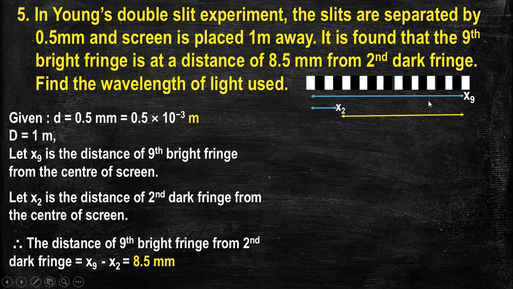If you take the difference of X9 and X2, which gives this distance which is given in the problem. Then according to the condition for maximum intensity, the distance of any nth bright region is equal to n lambda D upon small d.